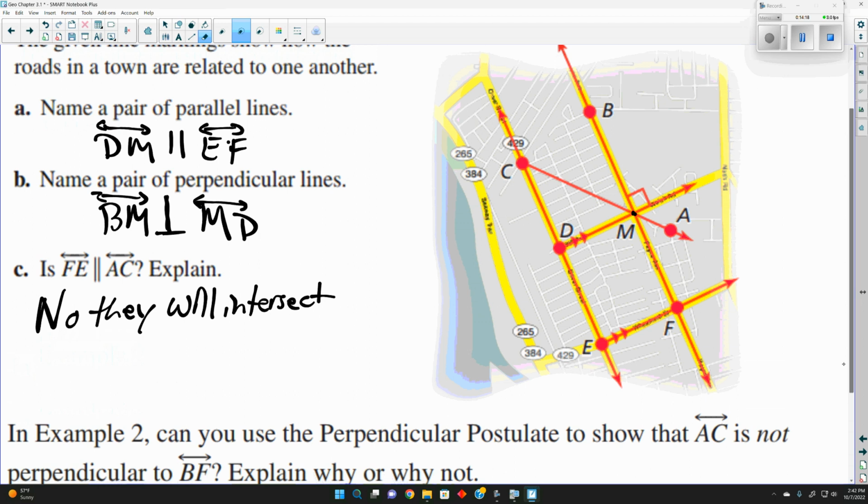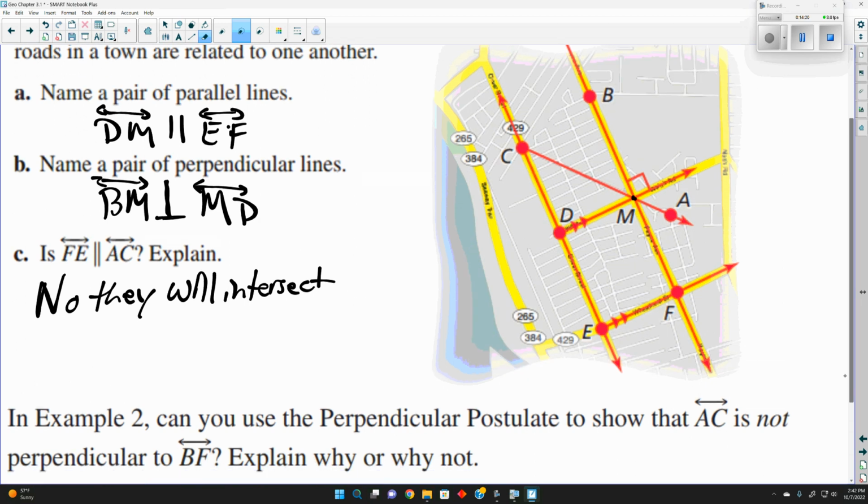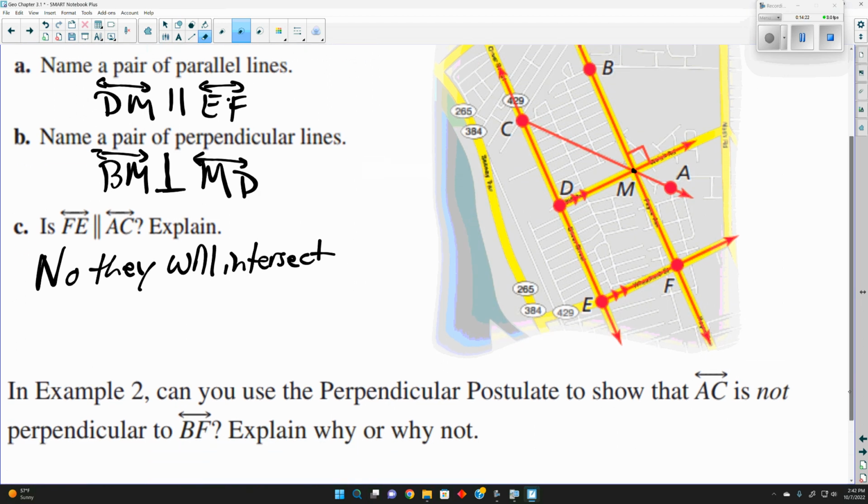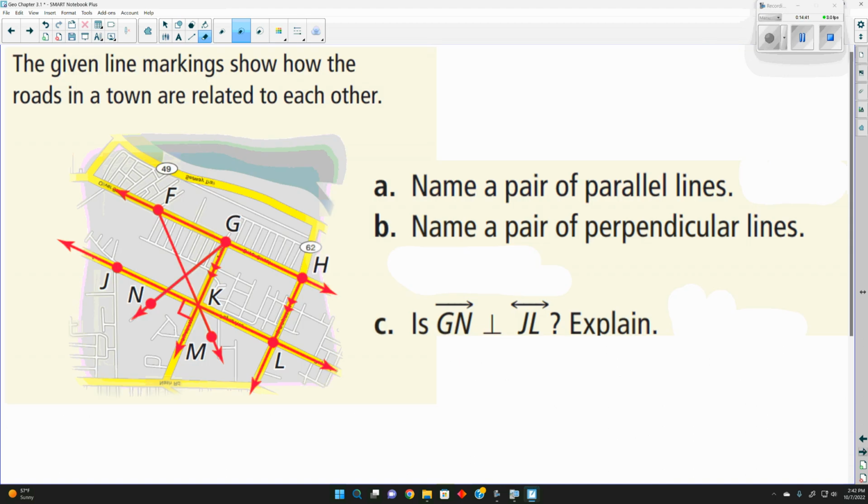Well, yes, because again, there's only one line through a given point that's perpendicular to the given line. For BF, the line that's perpendicular to it is AD. And since AC is not MD, it can't be perpendicular to it.